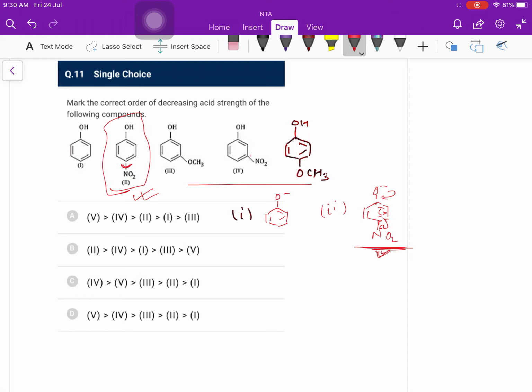OCH3 is electron donating and is present in the para position, so it will be the weakest of them. So 5th is weakest and 2 is the strongest, so B seems to be the correct answer. 2 then 4, because 4 also has an NO2 group which is electron withdrawing, then 1, then 3 and then 5. So hopefully you have understood this.